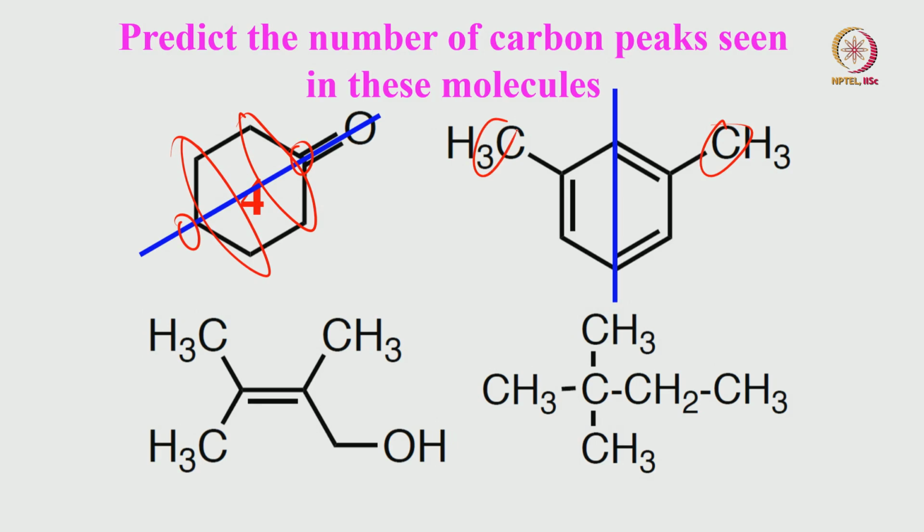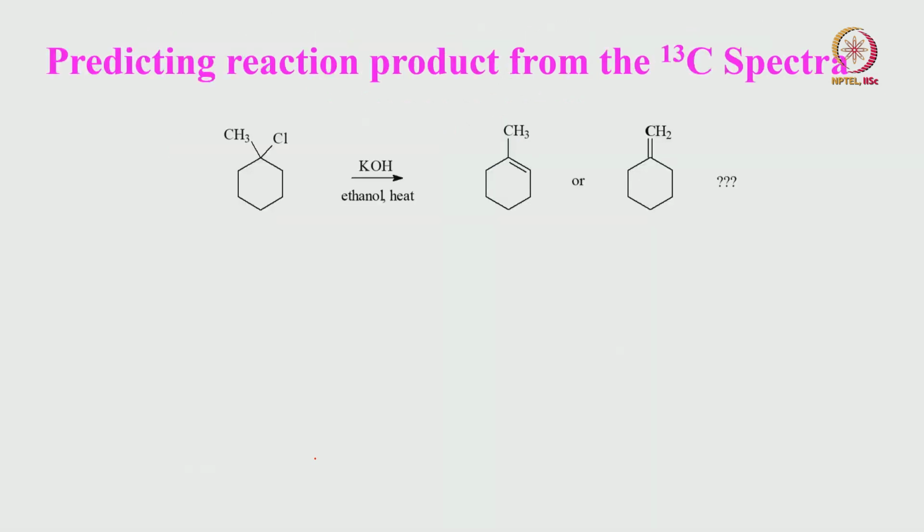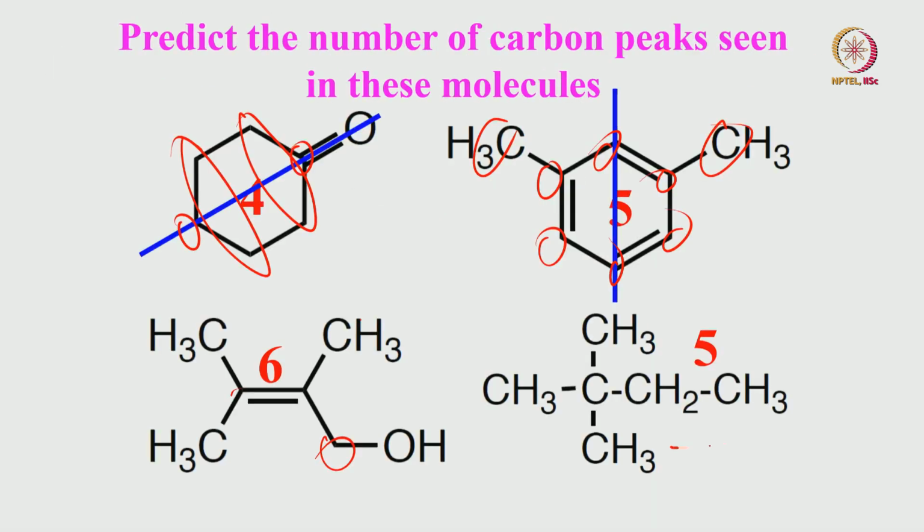This carbon is same, this and this are same, this and this are same, this and this are different. So, how many carbons do you get? 1, 2, 3, 4, 5, 6. See, 5 carbons are there. What about this one? There are 6 carbons. All are chemically inequivalent. 1, 2, 3, 4, 5, 6 carbons. Similarly this one, this molecule has 5 carbons.